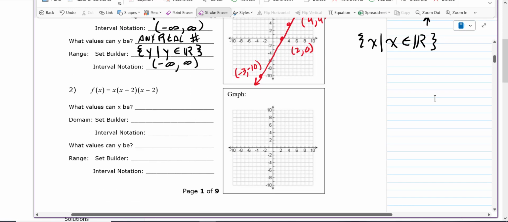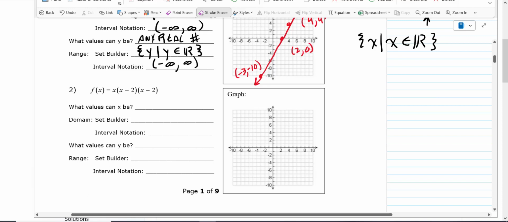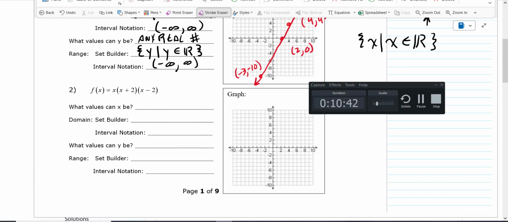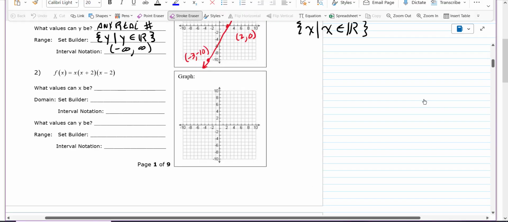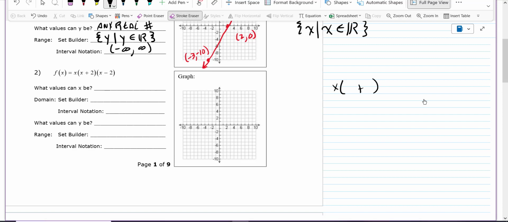Now, again, I'm going to try to do the domain independently of the calculator. So let's look at this problem kind of the same way. This is a function, and let's just think about if there's anything that x can't be.